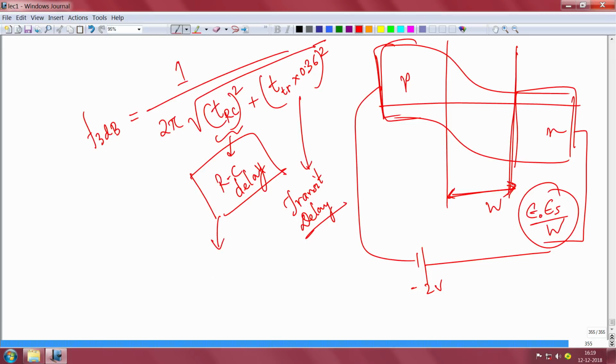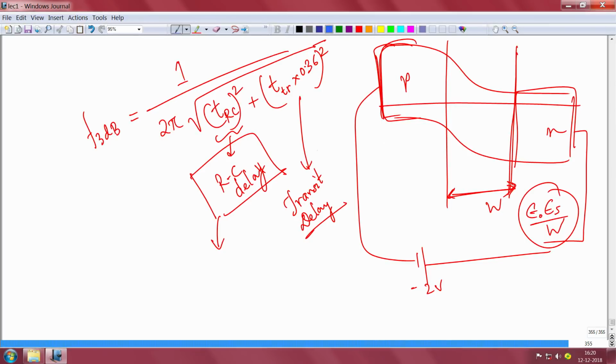This is a charging discharging delay of the PN junction acting as a capacitor, with resistances associated. It does not matter in a solar cell, but it definitely matters in a photodetector. That is the RC delay.